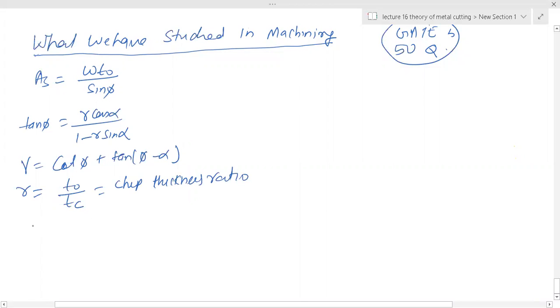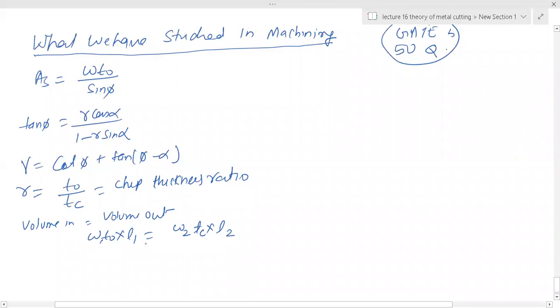And one more thing, volume in is equal to volume out. You can apply this also. So W T0 into L1 equals W2 Tc into L2.